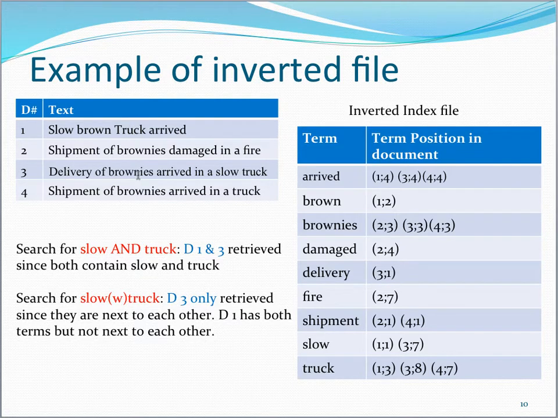Let me see, 1, 2, 3, 4, here it is, and in document 4 location 4. "Brown" appears in documents 1 and 2, and so on. So this is what we have indexed here, the inverted file. When we search, we are searching the index terms, the keywords, and the keywords will retrieve the file. And here are two examples.